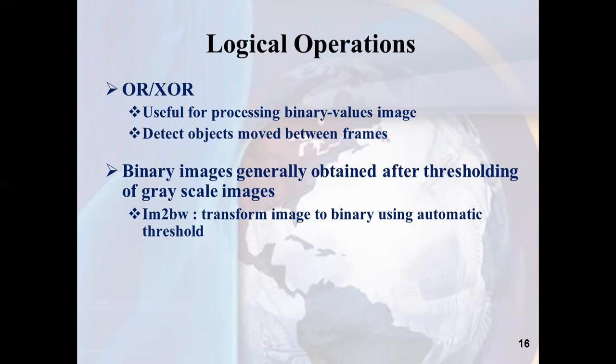Let's say we have an image and we have blood tissues. We have tissues and we have a vein or artery where the blood circulates.